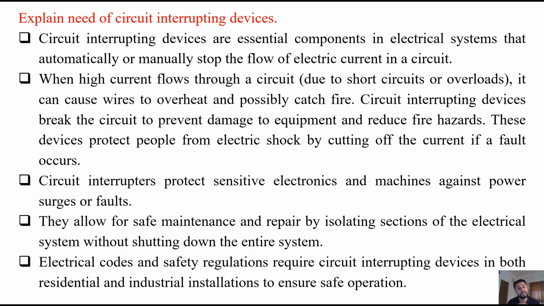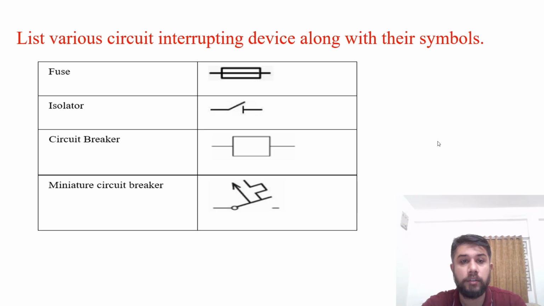Electrical codes and safety regulations require circuit interrupting devices in both residential and industrial installations to ensure safe operations. So these are some points that explain the need of circuit interrupting devices.